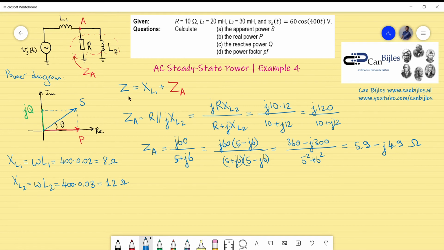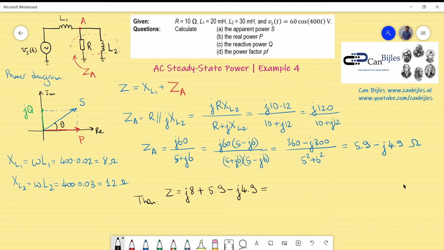Why? Because I would like to add ZA to the expression for XL1. For addition and also for subtraction, as we discussed in another video about phases and complex numbers, you would like to keep it in rectangular form. So Z is equal to j8, which is already calculated, because it is a reactive part, plus 5.9 plus j4.9.